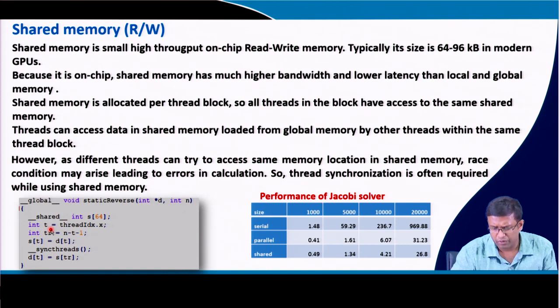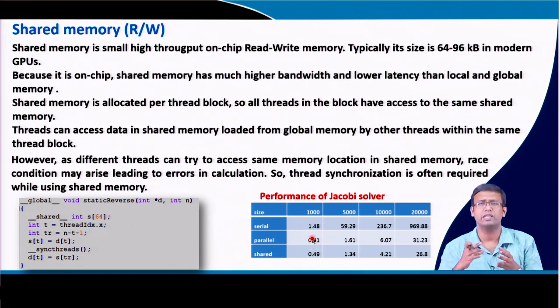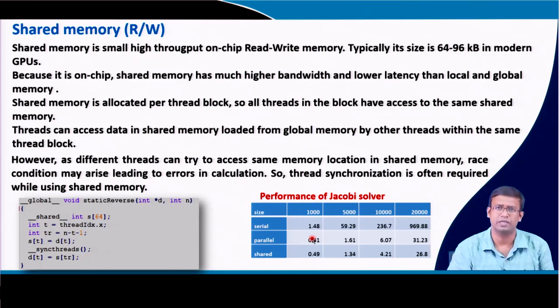If we look into a Jacobi solver for matrix solutions, we can see that when the matrix size is small, performance with and without shared memory is similar. Actually, without shared memory, performance is better because the matrix size is small, so everything fits in the cache and reading from cache is sufficient.